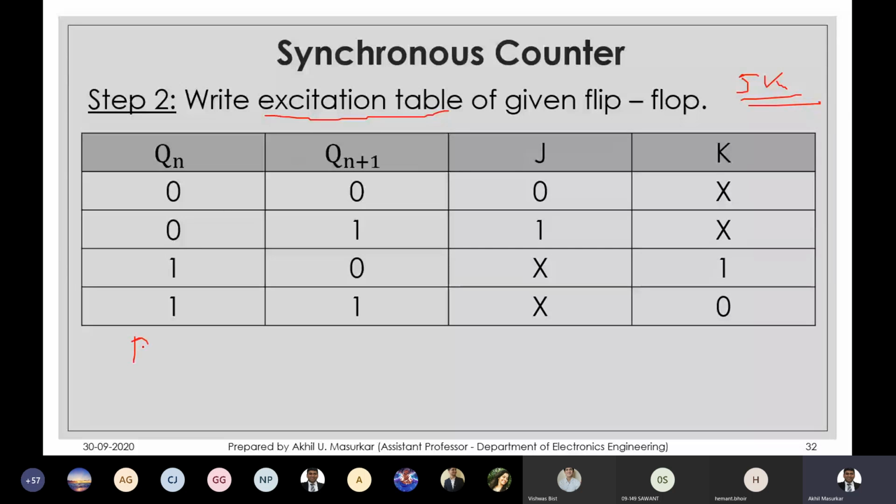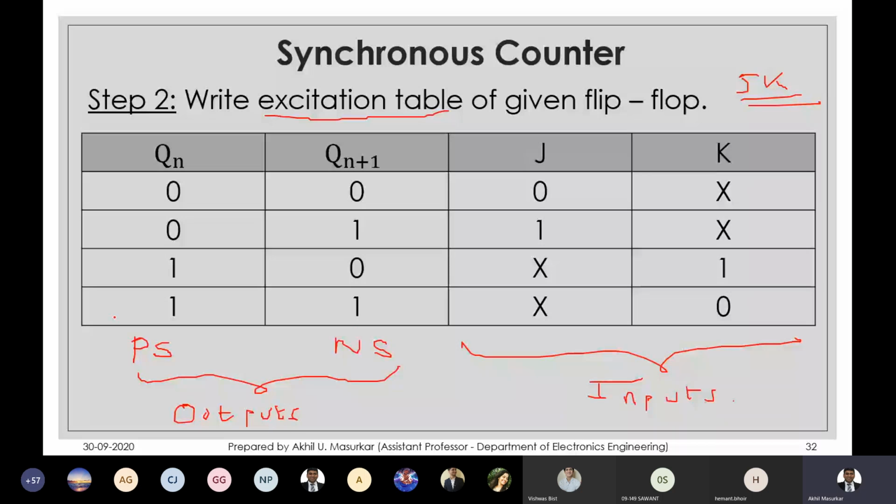This is your present state and this is your next state. The excitation table is always written with inputs in terms of outputs. So both of these are outputs and these are your inputs. The first one is the present state, the second one is the next state.